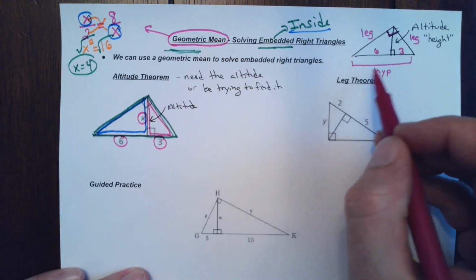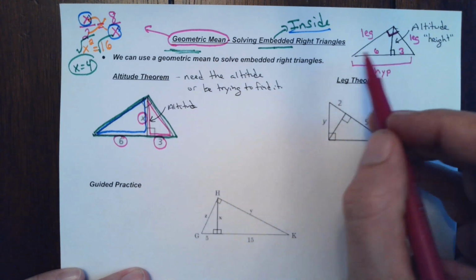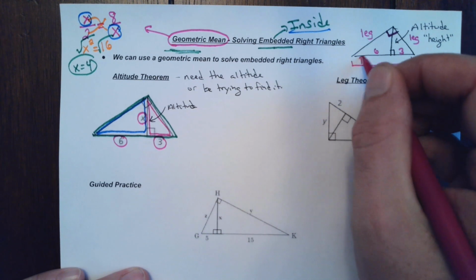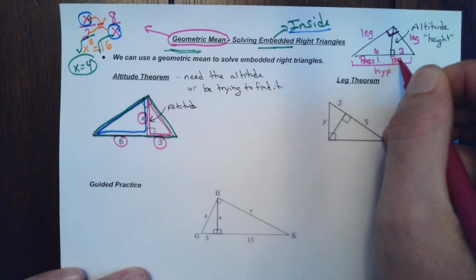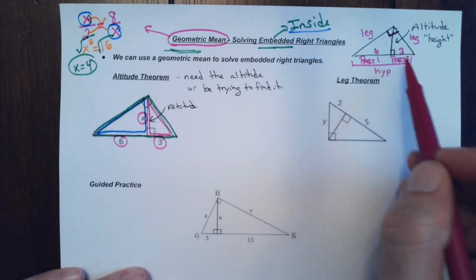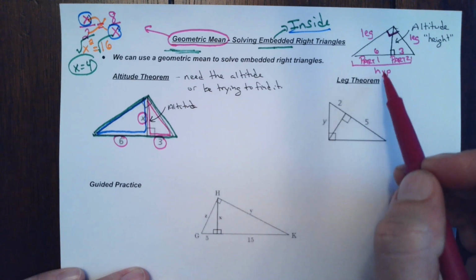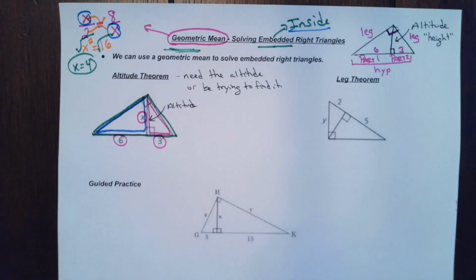Together, they make up your hypotenuse. But what they've really done is create two parts, and we like to say this is part 1, and this is part 2. Now I could easily make that part 2 and part 1. Either way, the two parts make up the hypotenuse. Okay? All right, so now here is the shortcut.